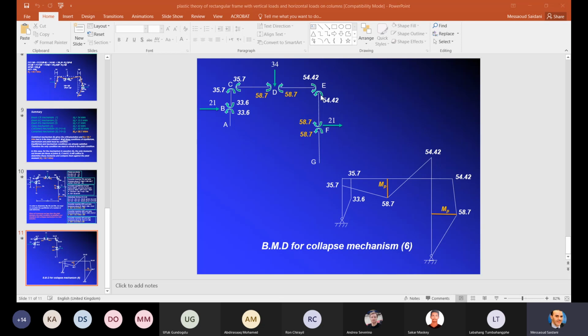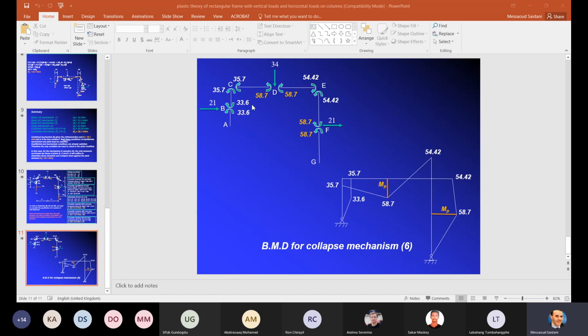Then we have tension on the outside, so the moment will be outside here. And then you have tension there, so you've got the moment on the outside, etc. And then at A, we have zero moment because you can see it's simply supported, it's a pin. So we have zero moment.